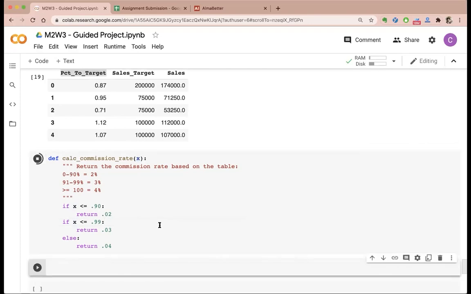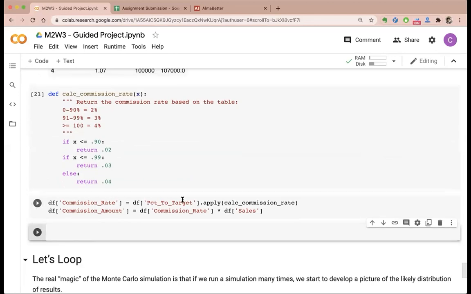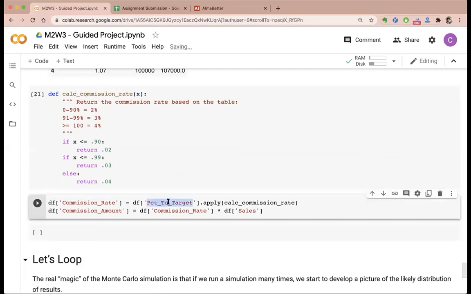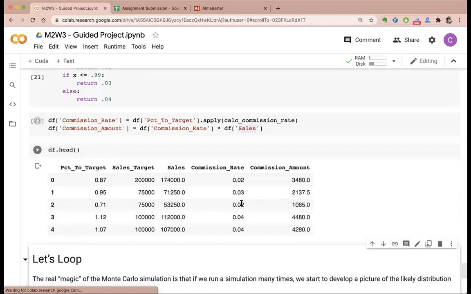So now my commission rate will be calculated by applying this commission rate function to percentage to target, and the commission amount you can get by multiplying commission rate with sales. Let's see what values we have.